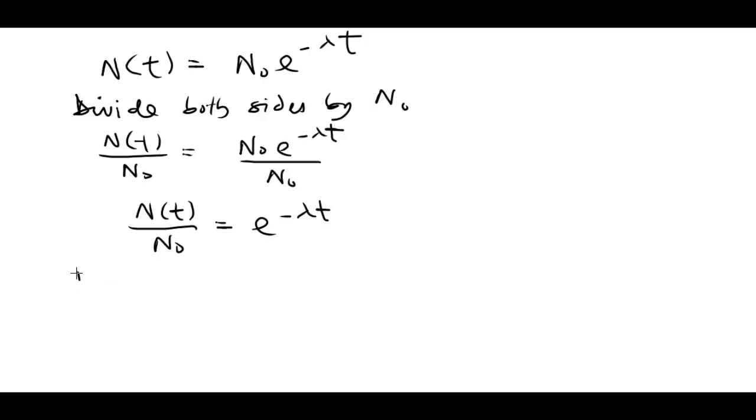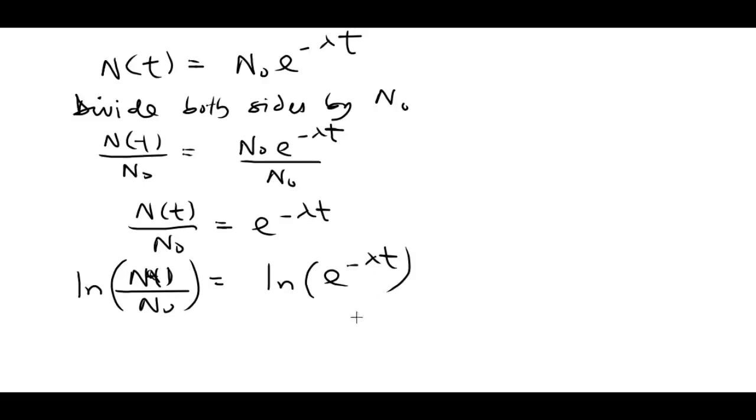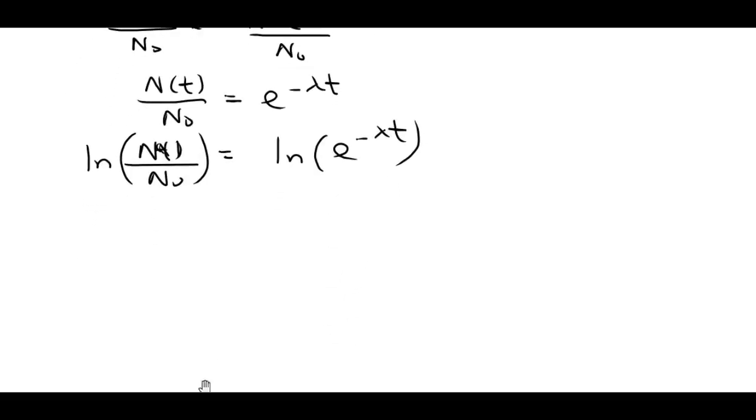Take the natural logarithm of both sides, equals ln e to the power of this. And by so doing, you are left with ln N(t) over N naught equals minus lambda t.